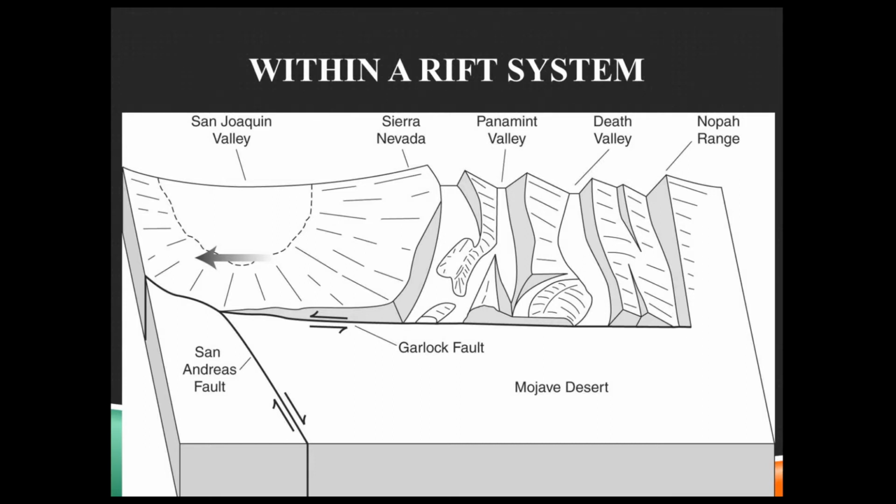Might see it listed as transform in some literature if people are not familiar with the difference between a transform and a transcurrent fault. But you can clearly see that it just dies out on the eastern edge of the rift system.